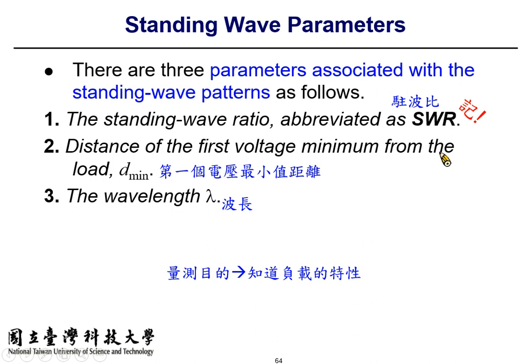Minus 1, okay. So you can show that the above equation can be transformed into this one. So the best case is SWR equals 1, then gamma equals 0.